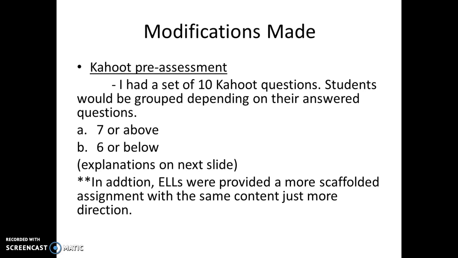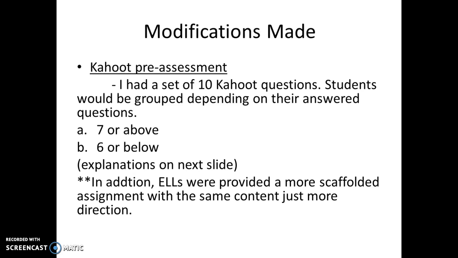In addition, ELLs were provided a more scaffolded assignment with the same content, just more direction. They're going to learn the same information. As Jennifer Himmel states, it's important to not equate limited language proficiency with limited cognitive ability.